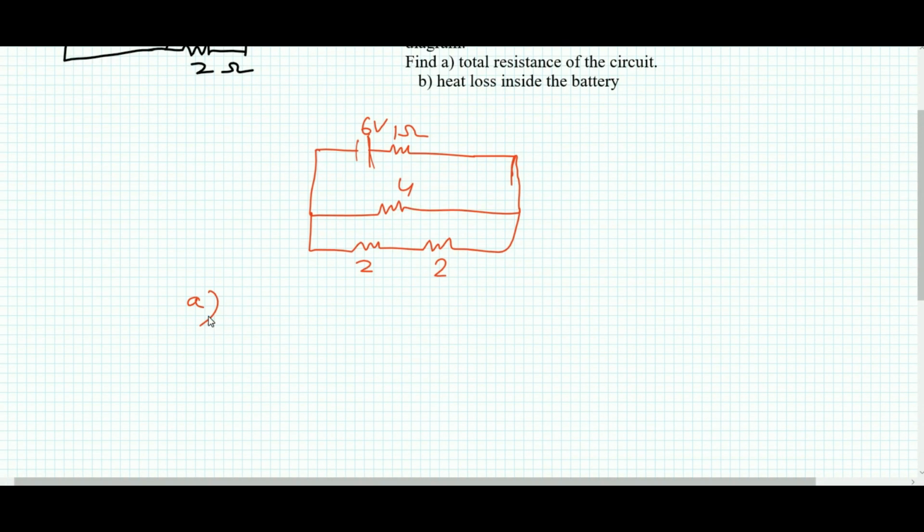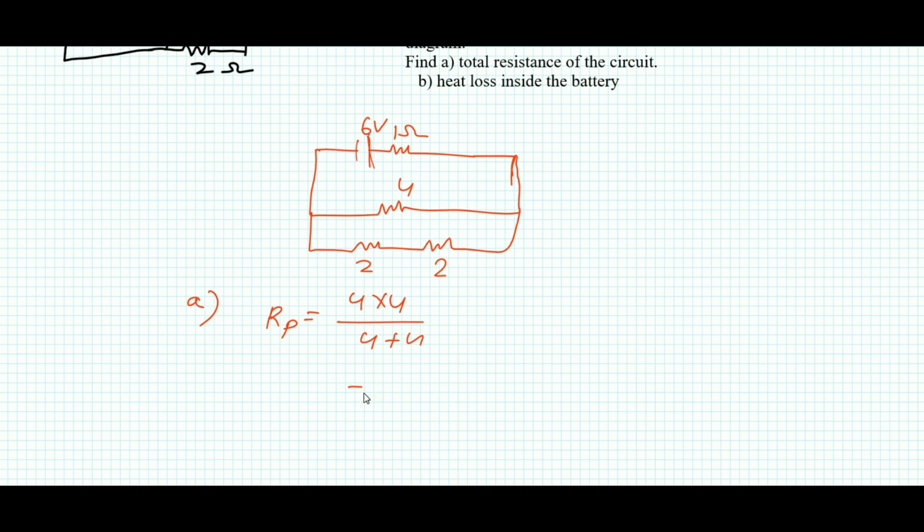Now the first case is the equivalent resistance, that means this one will be Rp equal to 4 into 4 by 4 plus 4, that is 16 by 8, that is equal to 2 ohms, right?